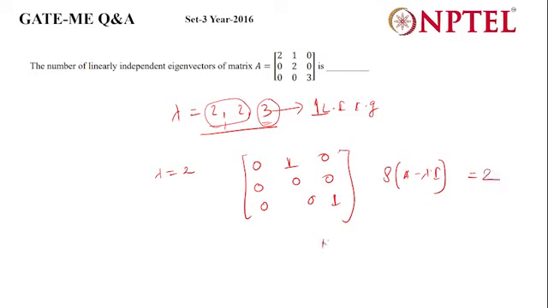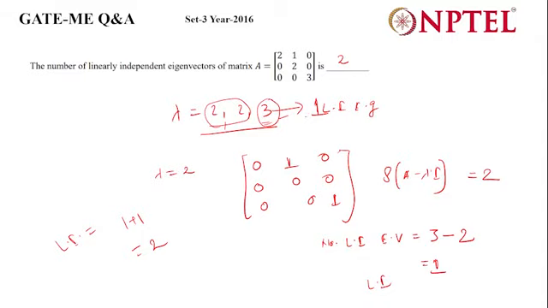So the number of linearly independent eigenvectors will be the number of columns minus the rank of the A minus lambda I matrix. So here also you will get one linearly independent vector. One we get from this eigenvalue, one from this eigenvalue, 1 plus 1. The total number of linearly independent vectors will be 2. So the answer will be 2. Any doubts?